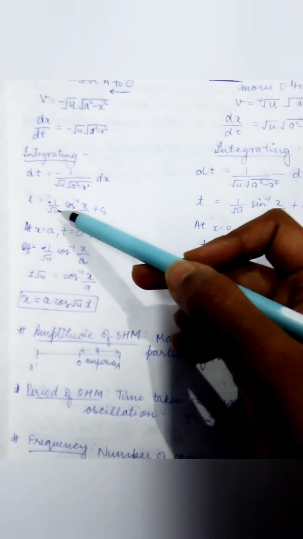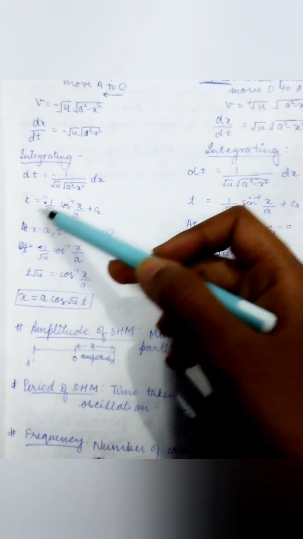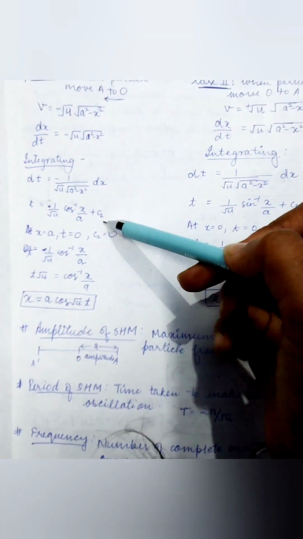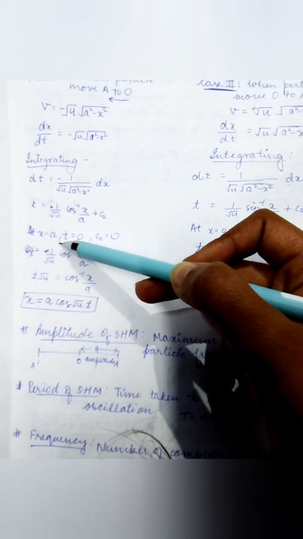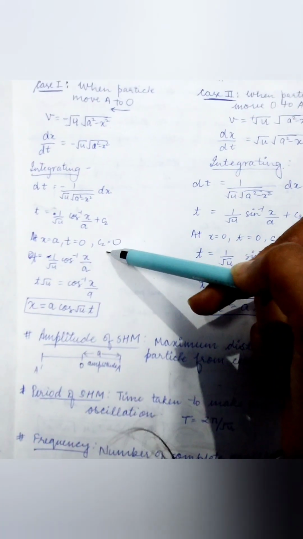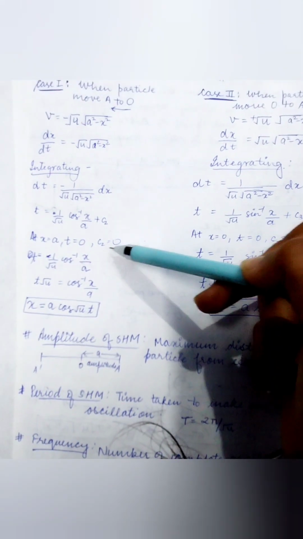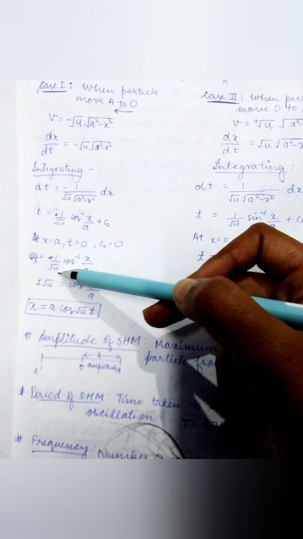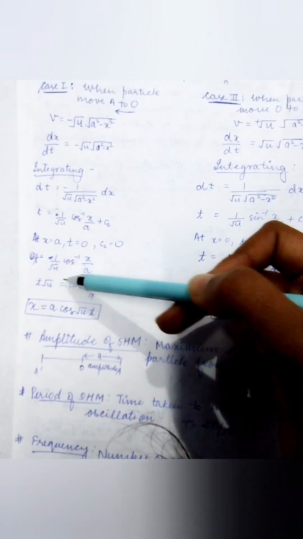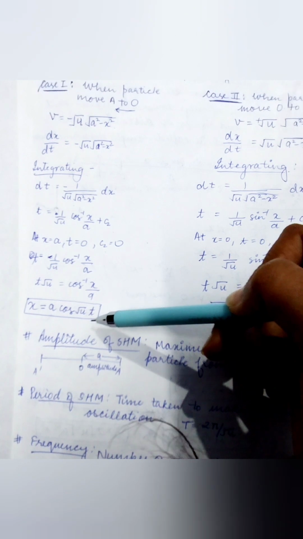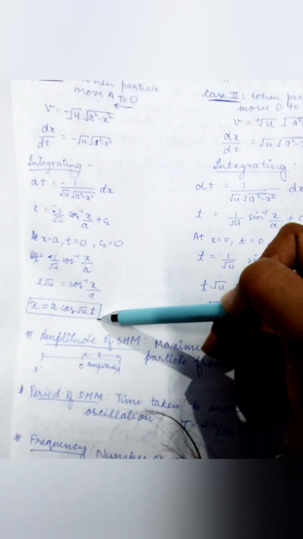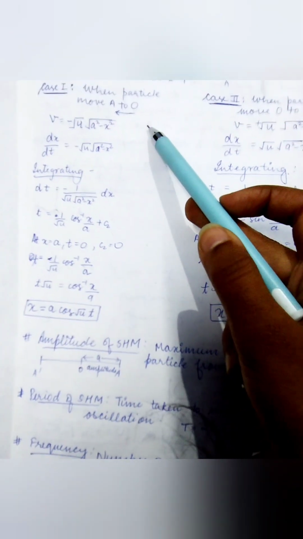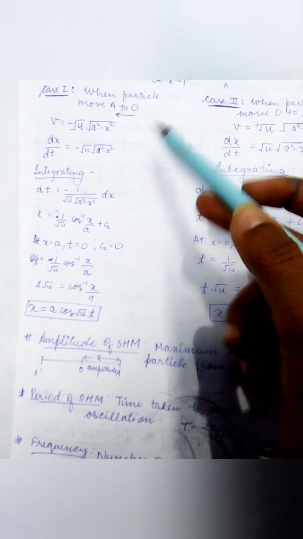On integrating we get t is equal to 1 by root mu cos inverse x by A plus c2. Here c2 is again an integration constant, and at x is equal to A, t is equal to 0, we get the integration constant as 0. On putting all these values we get t is equal to 1 by root mu cos inverse x by A. On simplifying this we get the equation x is equal to A cos root mu t, which is for case 1 when the particle moves from A to O. So this is the equation of SHM for that case.